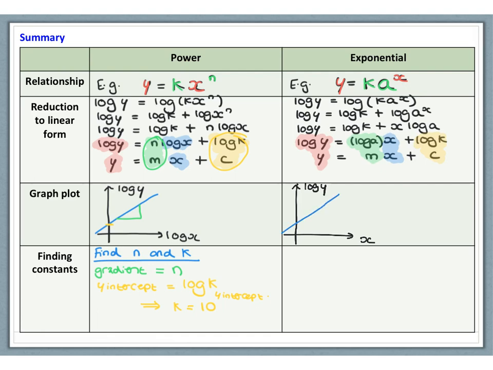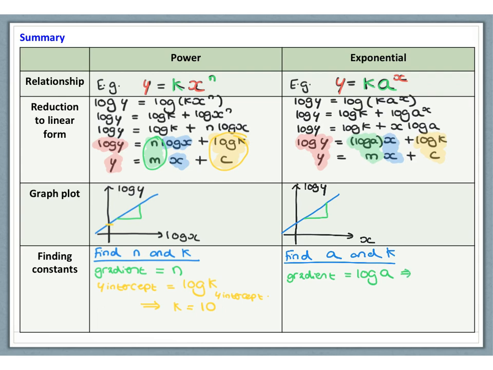Now, how do we then find our missing constants, which are, of course, a and k, to substitute back into the original equation? Well, the gradient, m, is equal to log a.